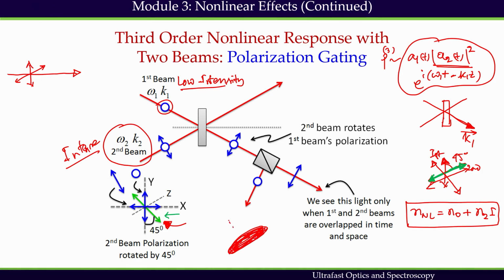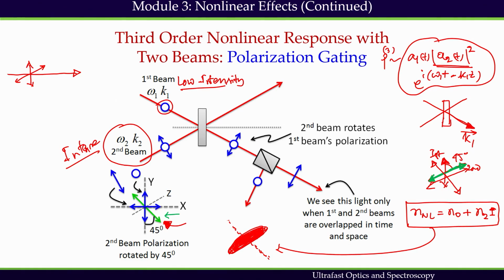But along this direction perpendicular to it, we do not induce that effect, because it depends on the intensity. Intensity is localized along this direction only, so we do not create appreciable Kerr effect or nonlinear refractive index.